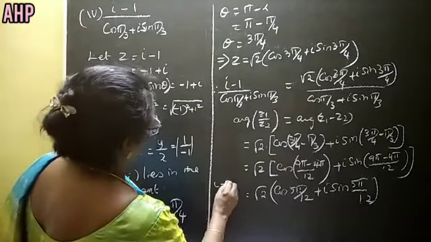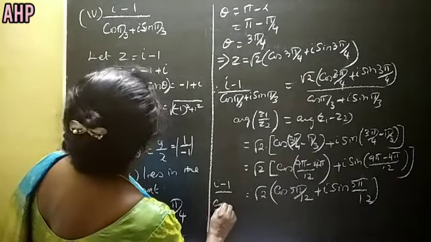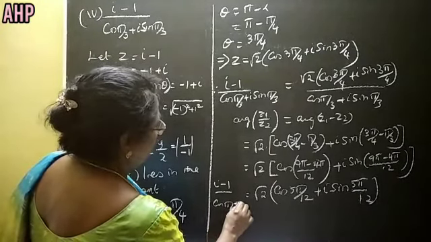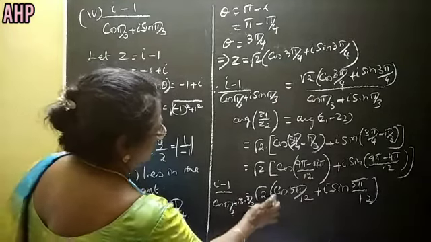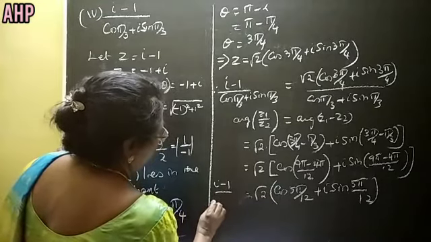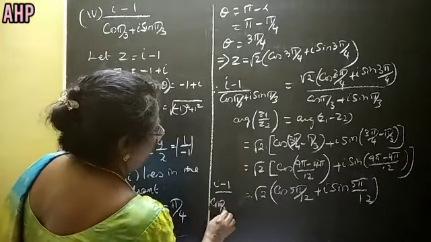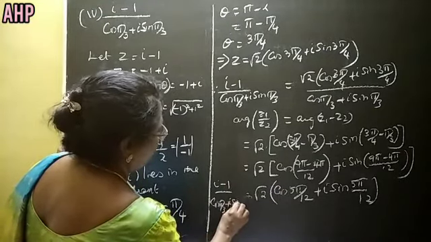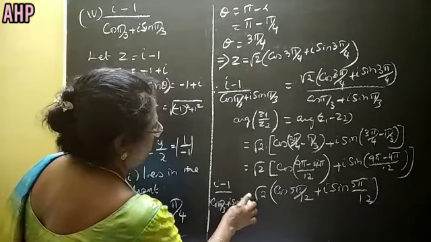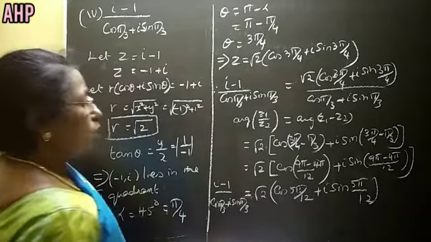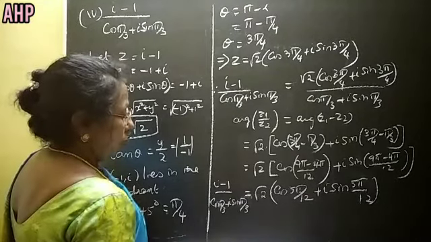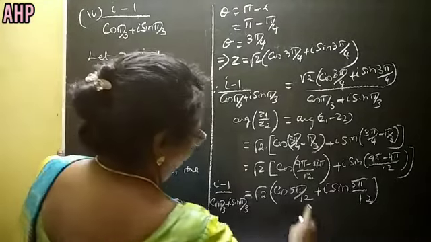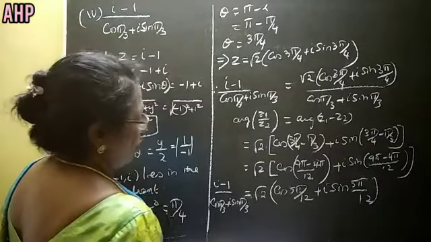So (i minus 1) by (cos pi by 3 plus i sin pi by 3) is equal to root 2 into cos 5 pi by 12 plus i sin 5 pi by 12, which can be written in generalized form.